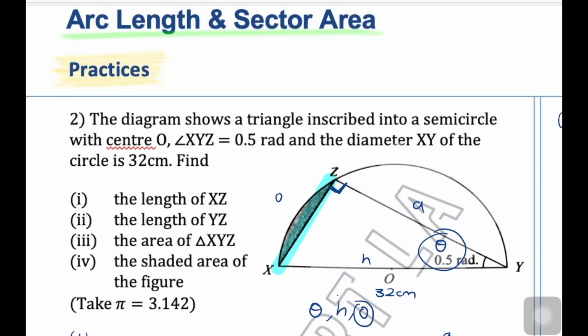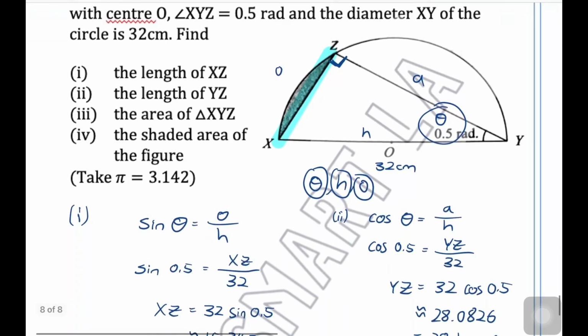So O, H and theta, this will very nicely tell you that you need to use sine over here. Alright, because sine theta is O over H, so that's why it's called so, right? So your SOH CAH TOA is actually SOH CAH TOA. So just a very quick recap, this is your SOH, the one that is for your sine, where it's sine, then opposite and hypotenuse.